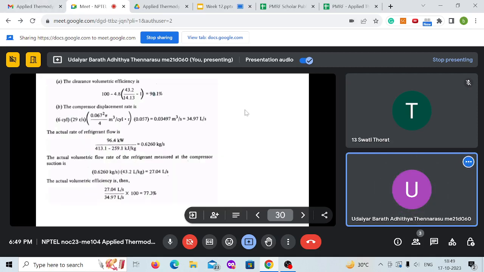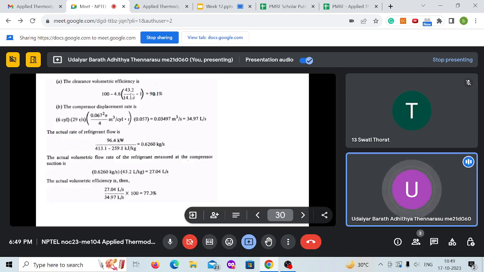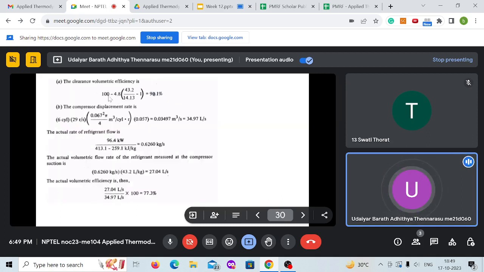Now the clearance volumetric efficiency. Here what we know is 4.8% is the clearance volume. So 100 minus 4.8 times Rp raised to power 1 by gamma, you can write it in terms of volume, so the ratio will be V1 by V2.